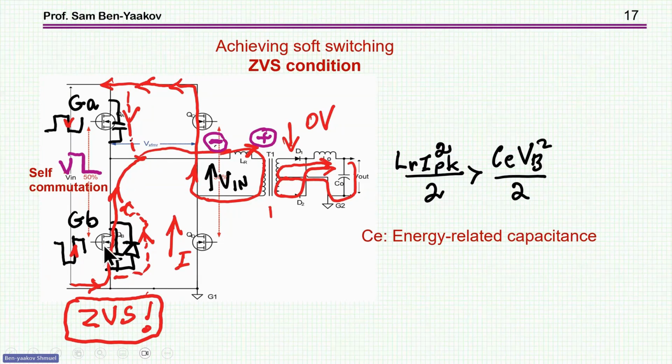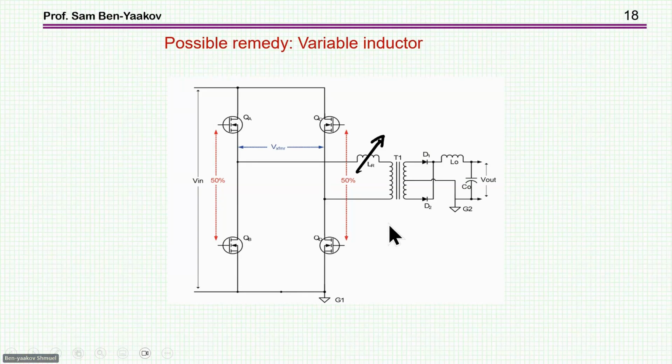So I'll have switching losses due to energy stored in the output capacitor, which is shorted into the transistor, and this is, of course, causing losses and reducing the efficiency. Okay, so this is very sensitive. So this brings the idea that if I'd like to cover a full range, then I can have here a variable inductor so that I can adjust it.